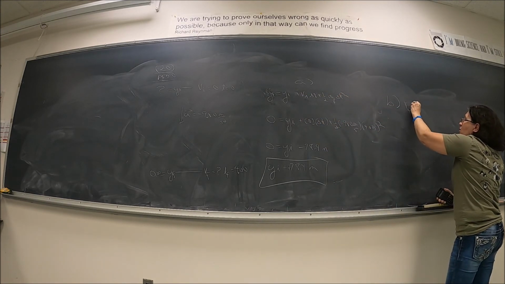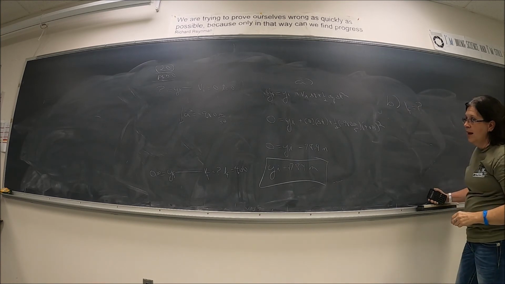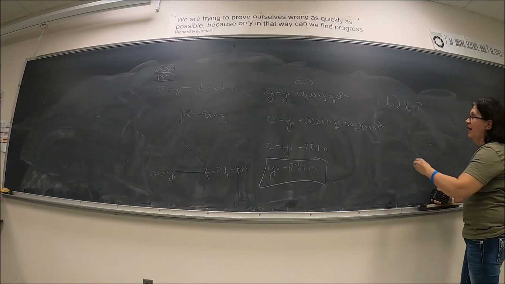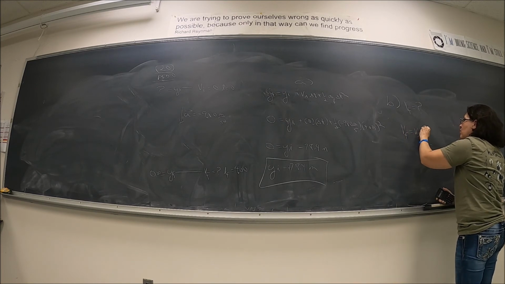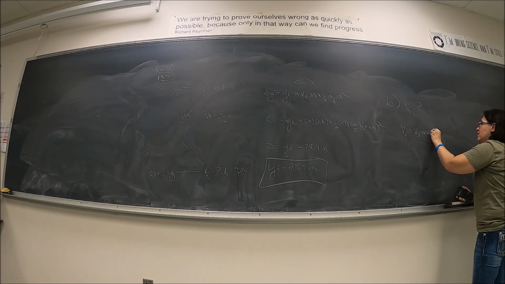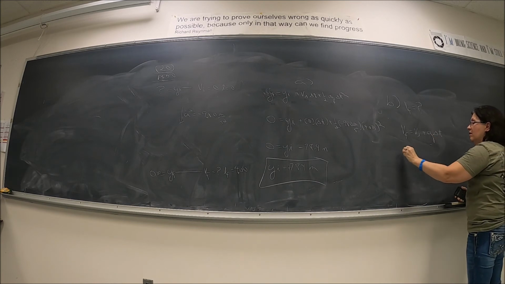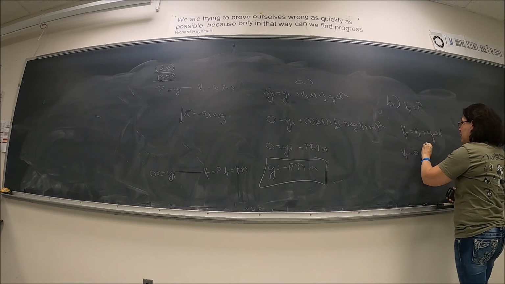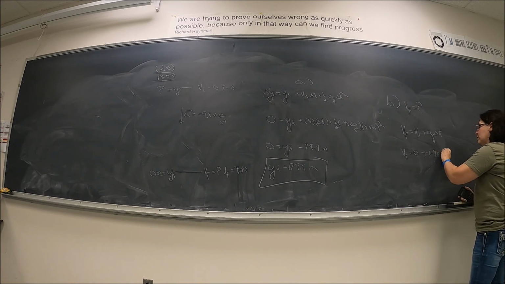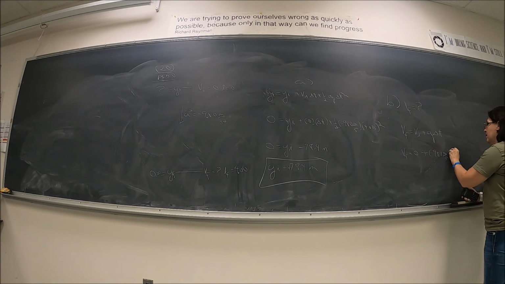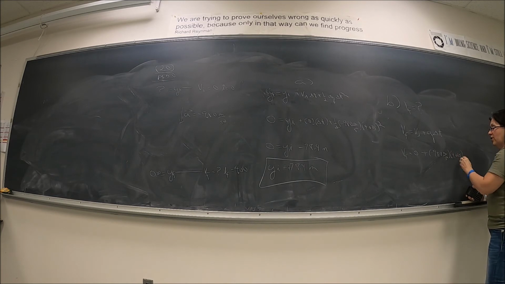I want v final. Okay? Well, it's very easy. I can say that v final equals v initial plus a y delta t. So v final is going to equal 0 plus a minus 9.80 meters per second squared times 4 seconds.